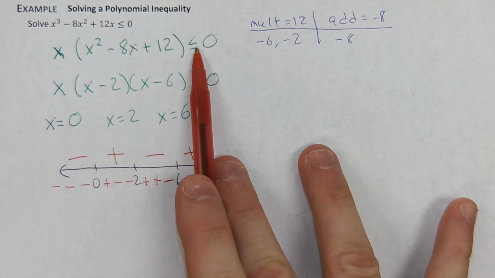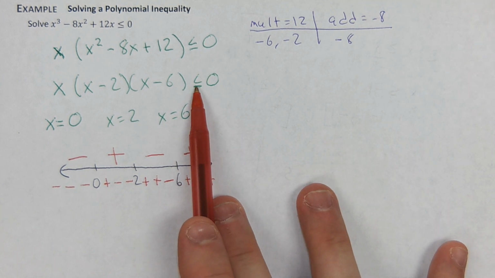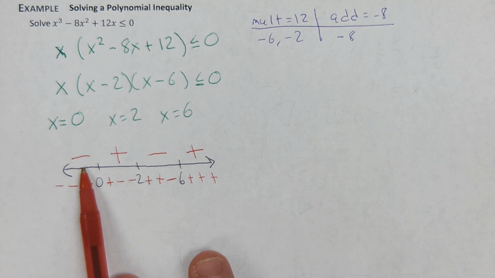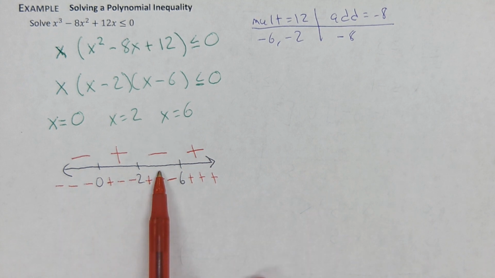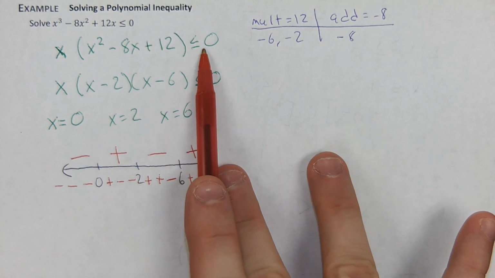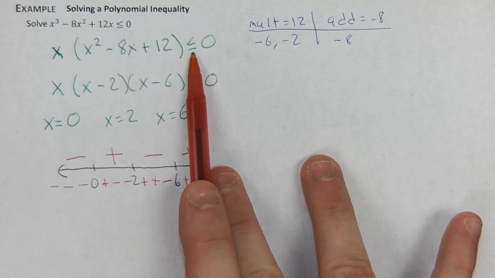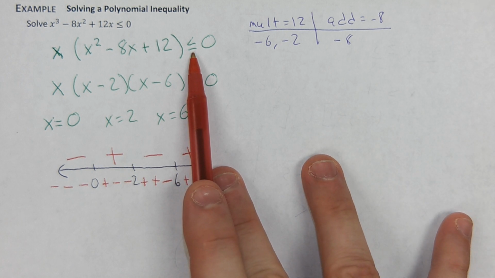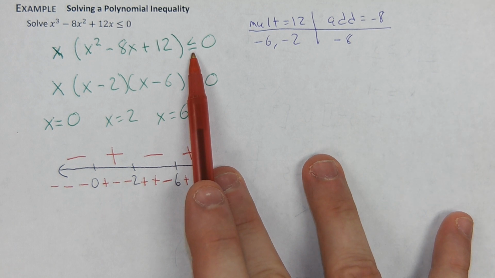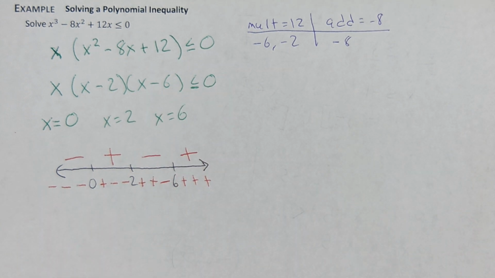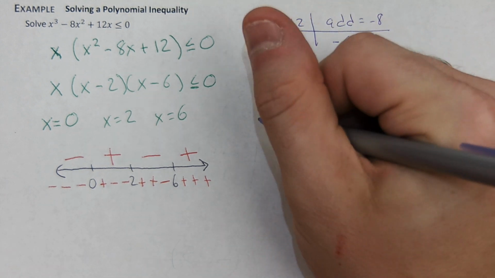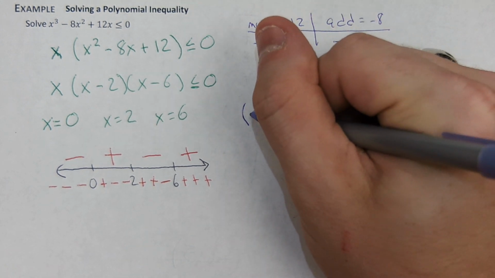What were we looking for? We were looking for numbers that are less than or equal to 0. So those are our negative results. To the left of 0, between 2 and 6, equal to bar means 0 as a result is okay. Yes, 0 is less than or equal to 0. So brackets. So numbers to the left of 0, well, there's nothing at the very end of the left, so we say negative infinity.